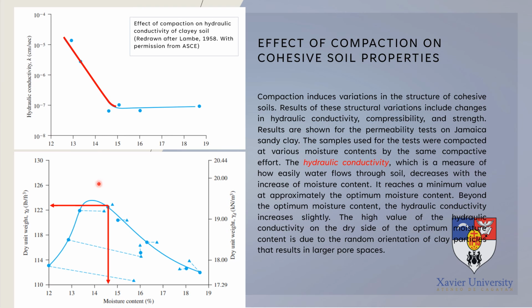It is dense and there are no voids anymore that can be taken up by our water when it tries to flow through our soil. So if we reach our optimum moisture content, which has given us the maximum dry unit weight, after reaching that point, any increase in the moisture content of our soil actually increases our hydraulic conductivity.